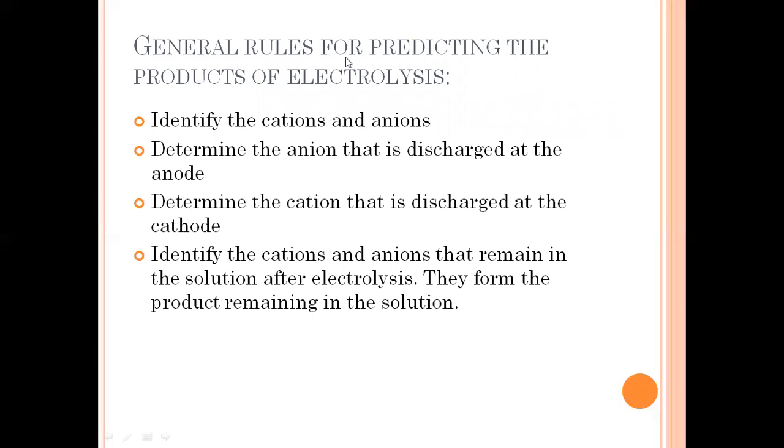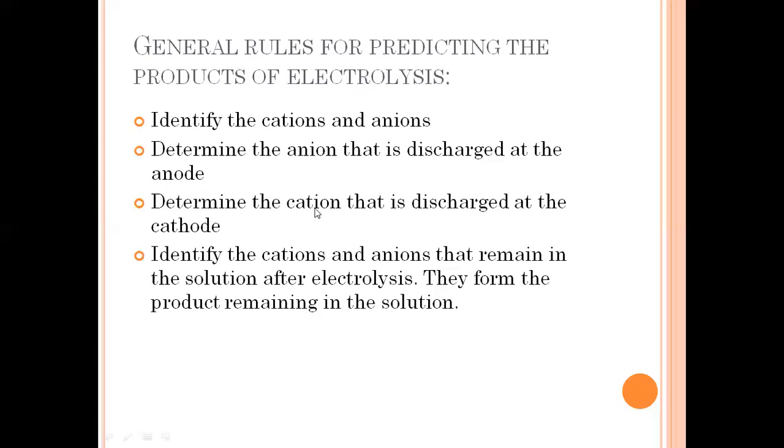General rules for predicting the products of electrolysis. First of all, we should identify the cations and anions. We should know which cation and anion are present in an electrolyte. Then determine the anion which will go to the anode, that is discharged at the anode and loses its electron.